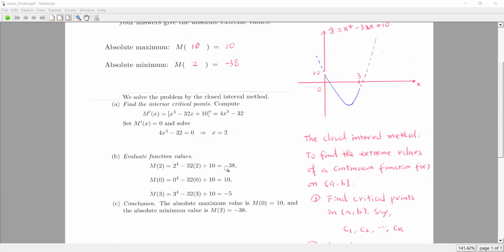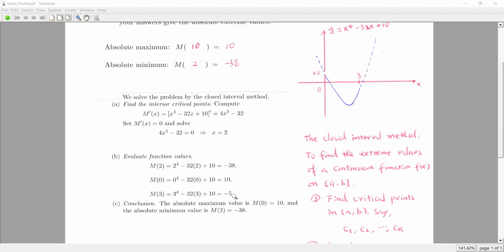Of these three function values, the largest is 10. So 10 is the absolute maximum function value over the given interval. The location of this maximum value is x is 0. That is here. This point is the highest point of this portion.